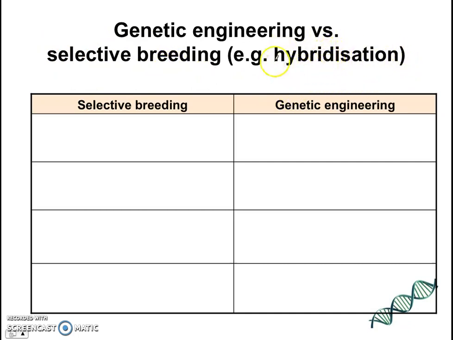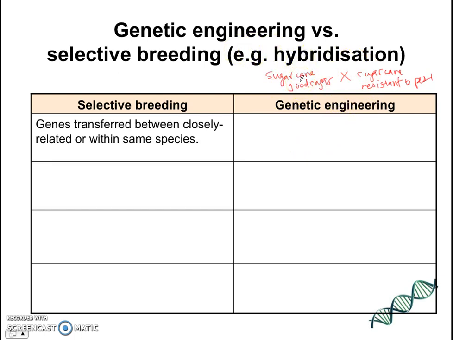So for example, I can take a sugar cane with good amounts of sugar, and cross it with a sugar cane that is resistant to pests, maybe. I cross these two together and eventually I can get a sugar cane with both good traits. So that's hybridization, getting a hybrid of two individuals with desirable traits. So what's the difference between genetic engineering and selective breeding?